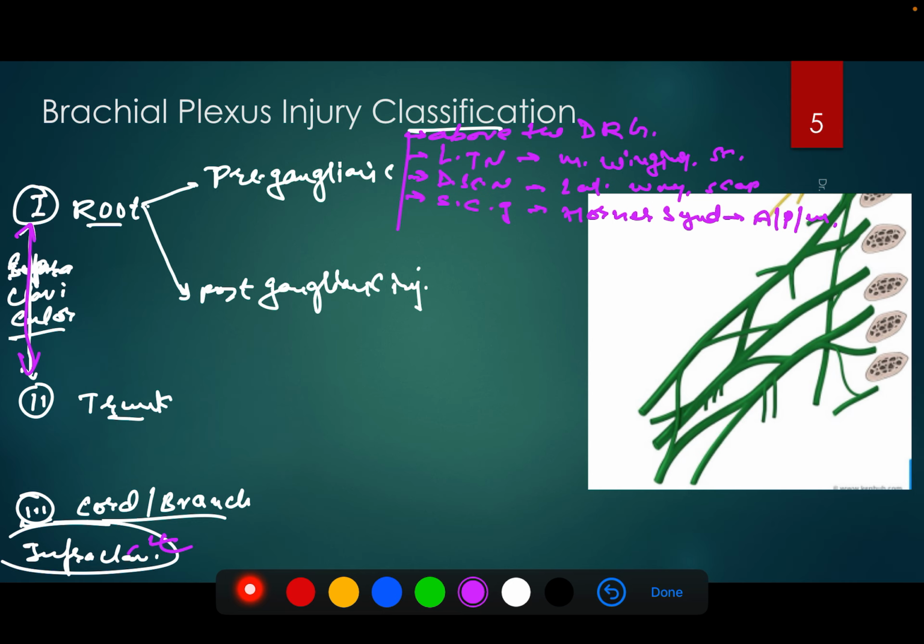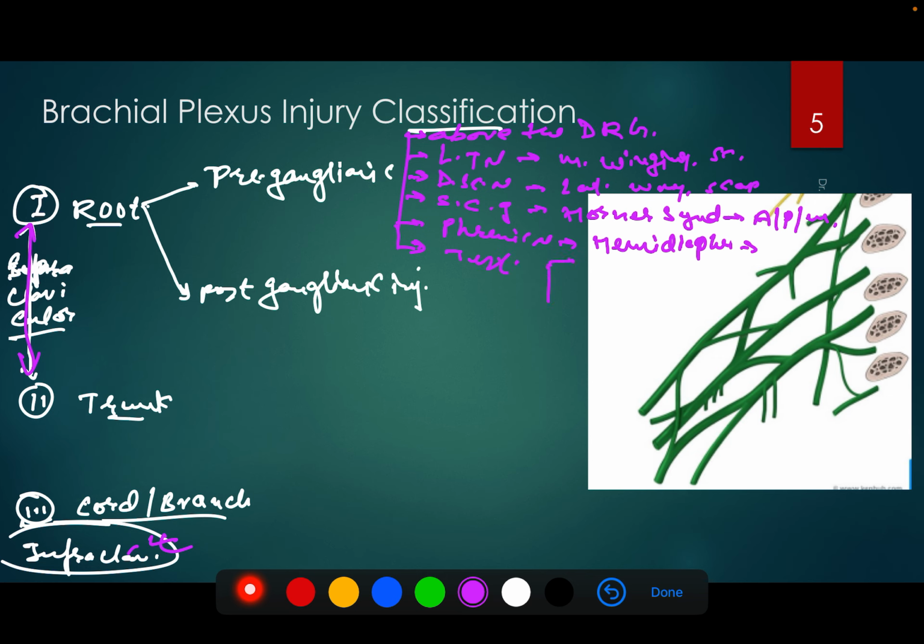Similarly, we had the involvement of the phrenic nerve. Phrenic nerve involvement produces hemidiaphragm, that means elevation of the diaphragm, that we discussed last class. So please go to the previous videos as well. Another thing, we did some tests for this.